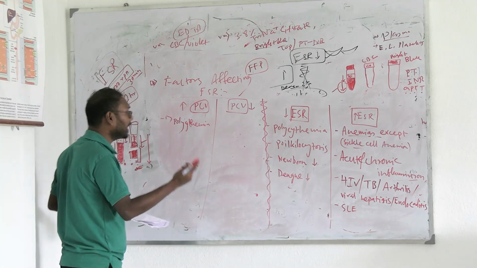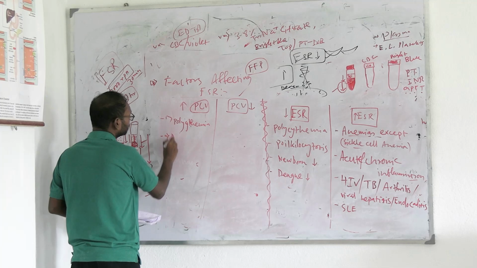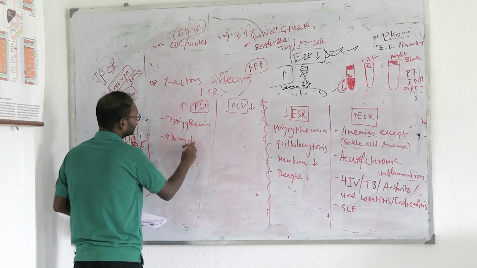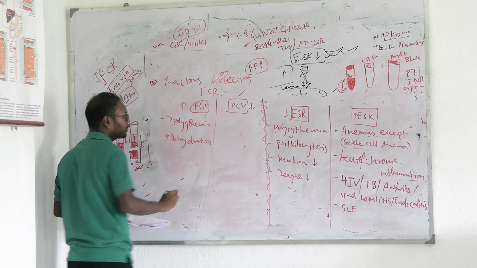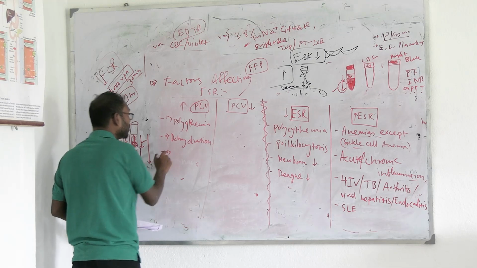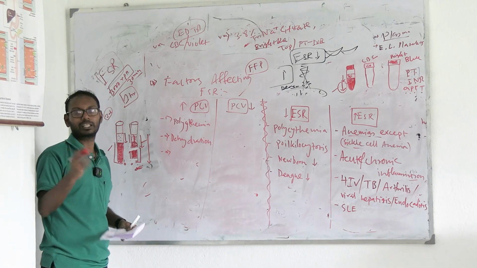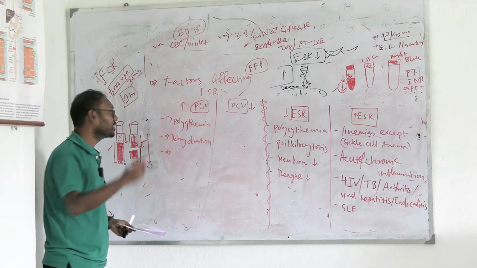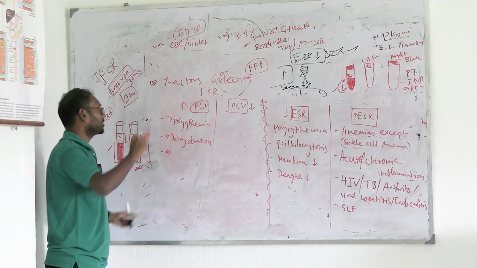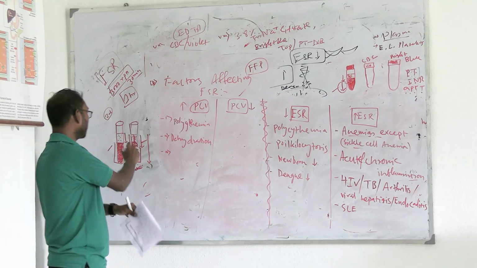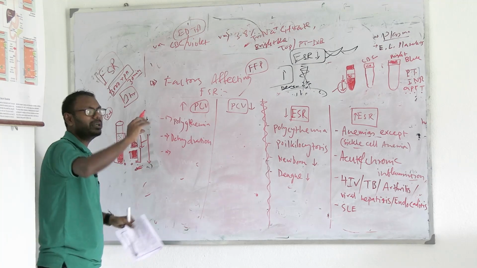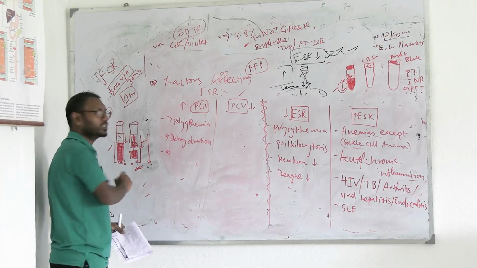Okay, so dehydration, in dehydrated patients PCV will be higher because, কি বলেছিলাম, plasma volume, in case of dehydrated patients plasma volume is very less, ওই জন্যই তো dehydrated, but তাদের PCV অনেক বেশি হবে because the plasma above them will be very less compared to the solutes they have.